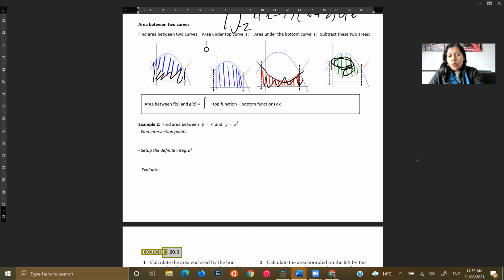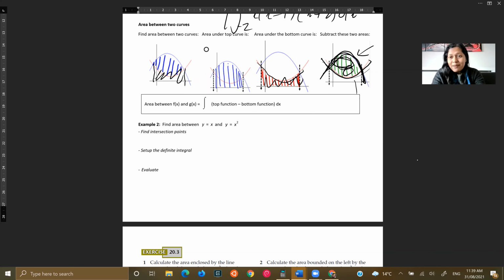What you need to do when you're trying to find area between two curves is, first and foremost, figure out which one's the top curve and which one's the bottom. So you go top function, take away the bottom function, and then you integrate and substitute your values in.